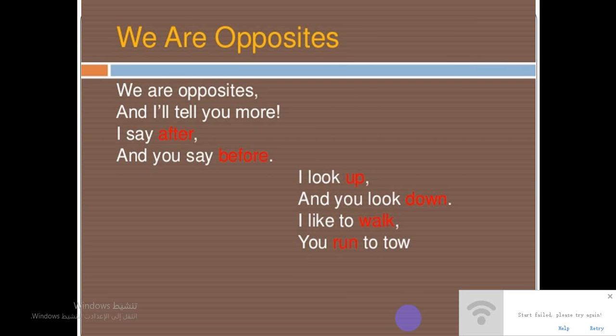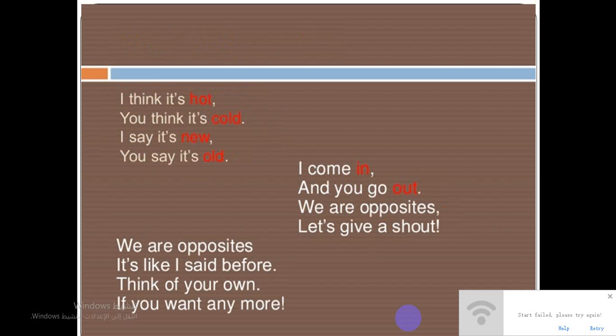In the We Are Opposites activity, I'll tell you more. For example, I say after and you say before. Another example, I think it's hot, you think it's cold. I say it's new, you say it's old. So we are opposites.